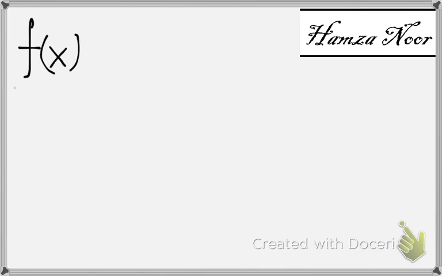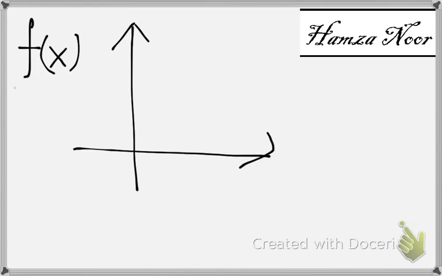If the graph of f(x) is given to you like this, let's say it's a curve like this, and let's say this coordinate is (0, 1).